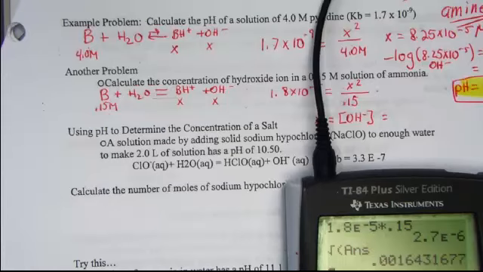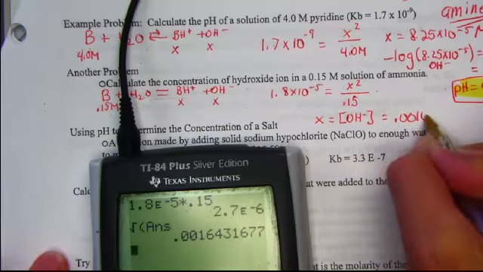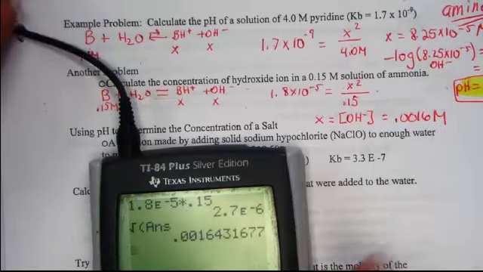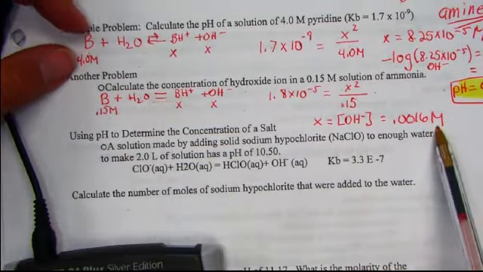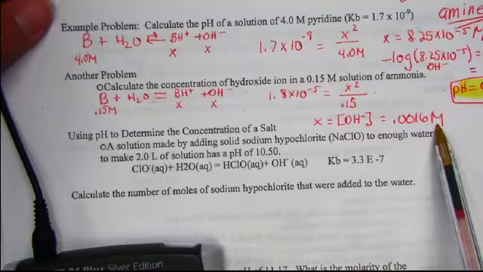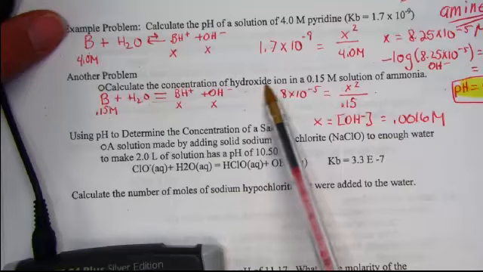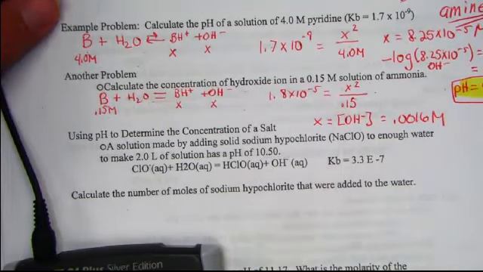Square root that answer, and we get X, 0.0016 molar units, the value of our hydroxide concentration. If I could, I'd negative log, find pOH, and flip it to pH, but this problem only asks us to find the concentration of hydroxide, the value of X. And so we're done with that one.